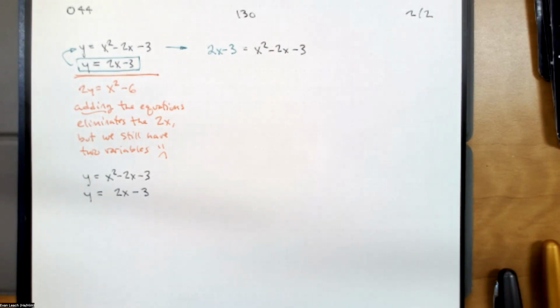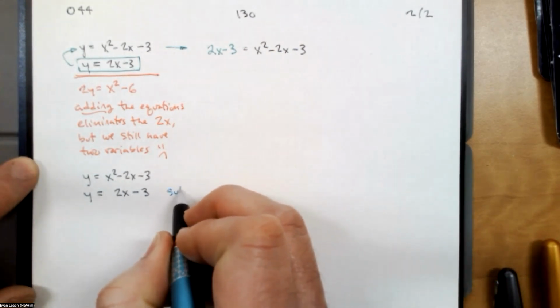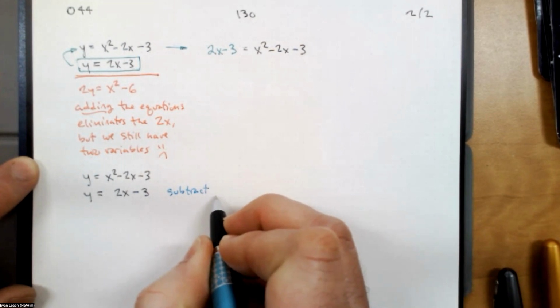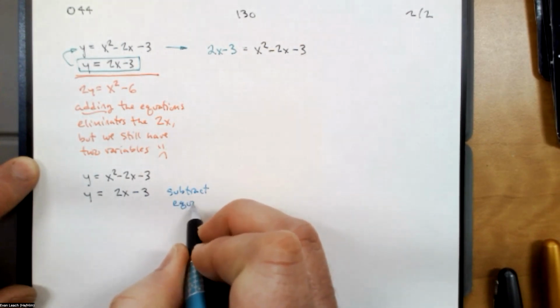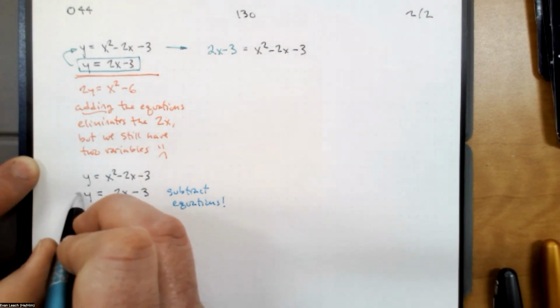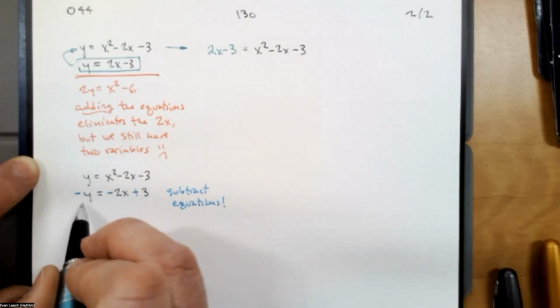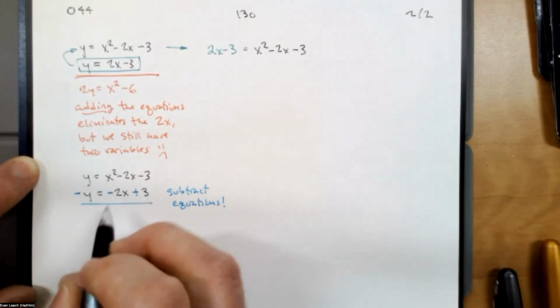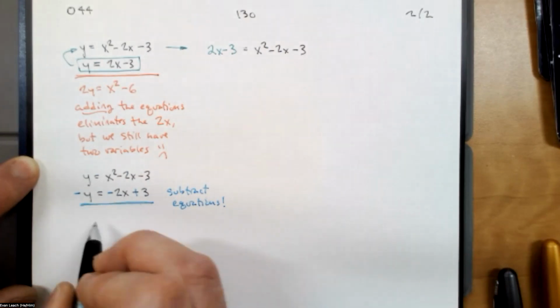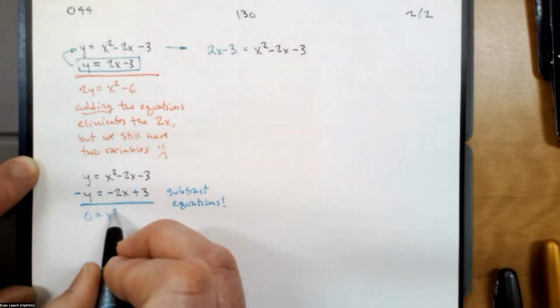If we subtract the equations, so I'll minus y, minus 2x, and then minus a minus 3, so it turns into plus 3. This causes the y's to drop out. X squared minus no x squared is x squared.